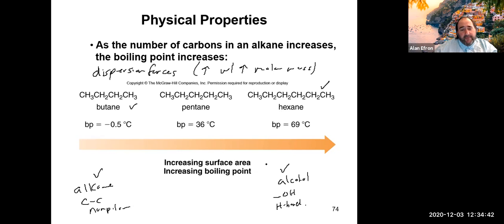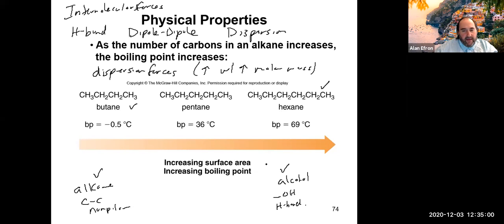And just so we're clear as well, when we talk about intermolecular forces, there's really three types. There is hydrogen bonding, there's dipole dipole, and there's dispersion forces. Dispersion forces is the weakest, hydrogen bonding is the strongest. The differences between these is that dispersion forces is for our nonpolar molecules.